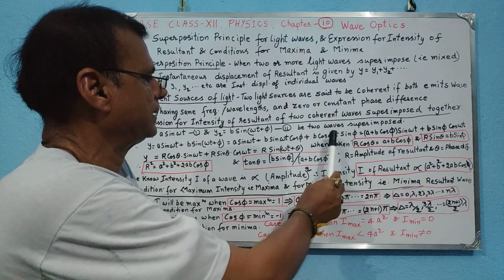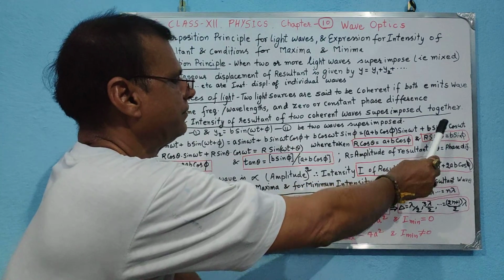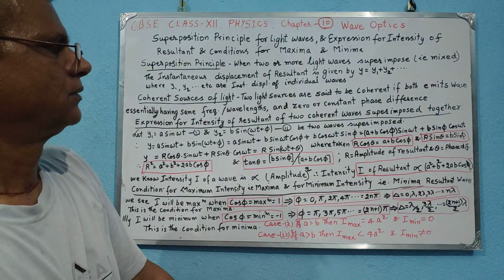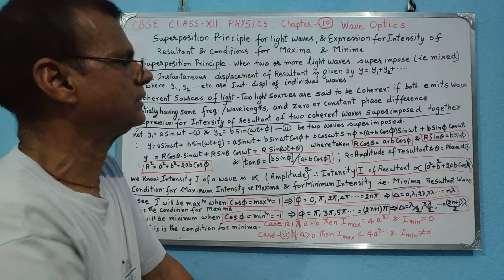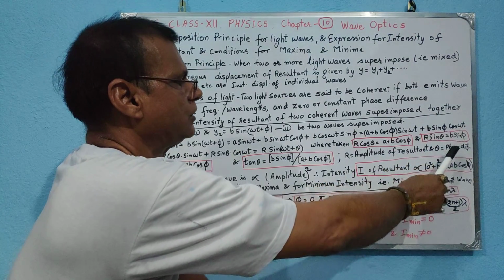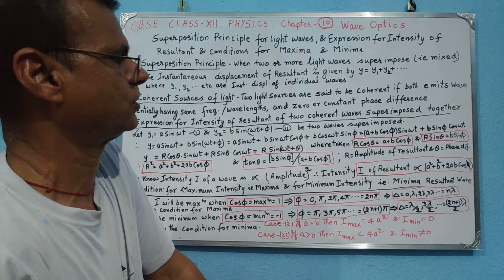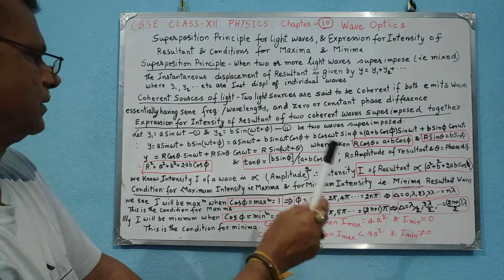So we take b sin phi as r sin theta. We have taken it like this because again b is constant and phi is constant, so we can express one constant in terms of another constant.